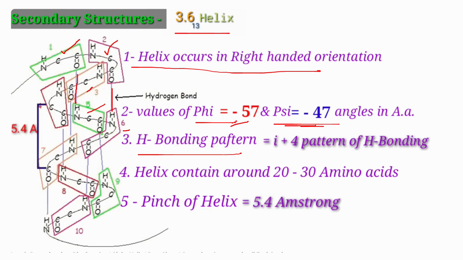The third amino acid makes a hydrogen bond with the seventh amino acid. That means the pattern is an i plus 4 pattern of hydrogen bonding. And in each turn, there are around 20 to 30 amino acid residues present. What about the pitch of that alpha helix? For the 3.6 13 helix, the pitch is 5.4 angstrom.